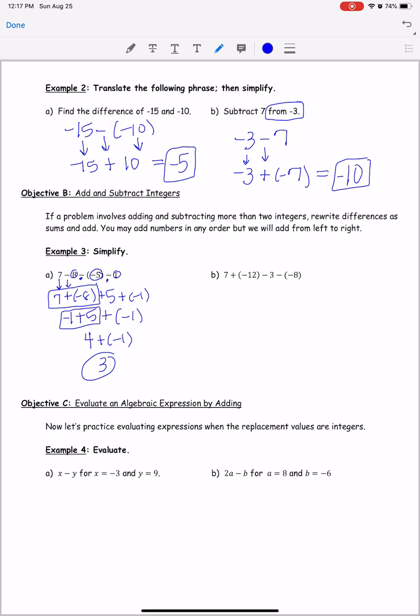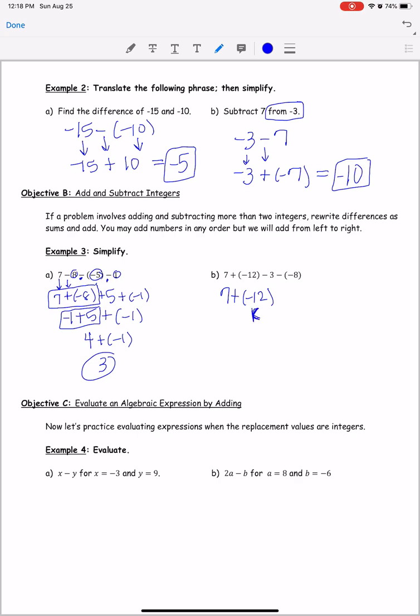Now with B, notice that we have one addition and then 2 subtractions. So because this is already an addition problem, just keep it. So I'm going to rewrite 7 plus negative 12. This is my first keep right here.